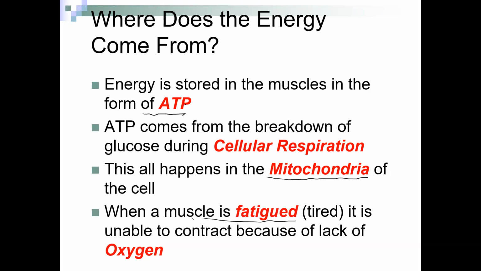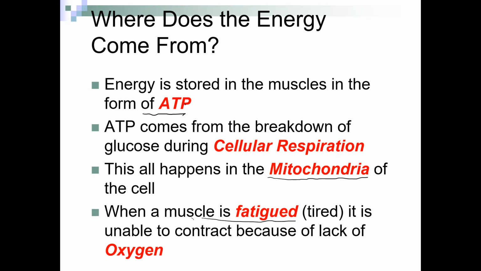You now have to make fresh ATP, which means you need to take oxygen and glucose and use them to make fresh ATP. So as you're working the muscle to rep 4 and rep 5, your mitochondria are busy cranking out ATP to power the muscle.